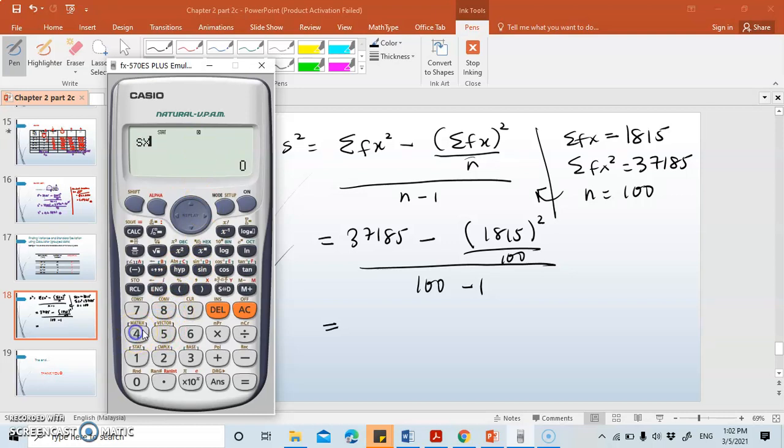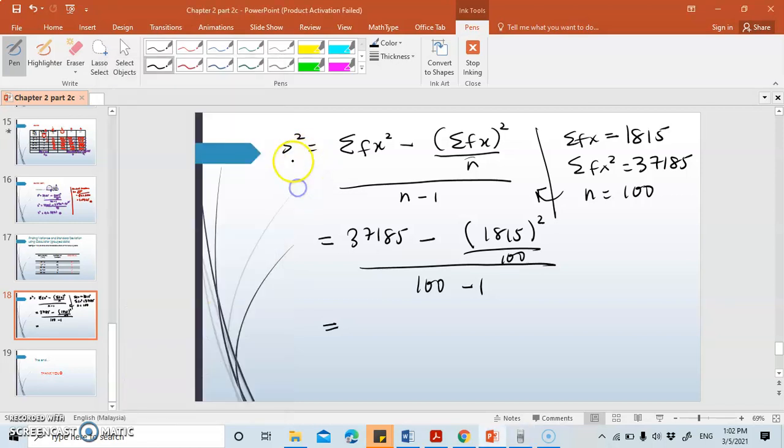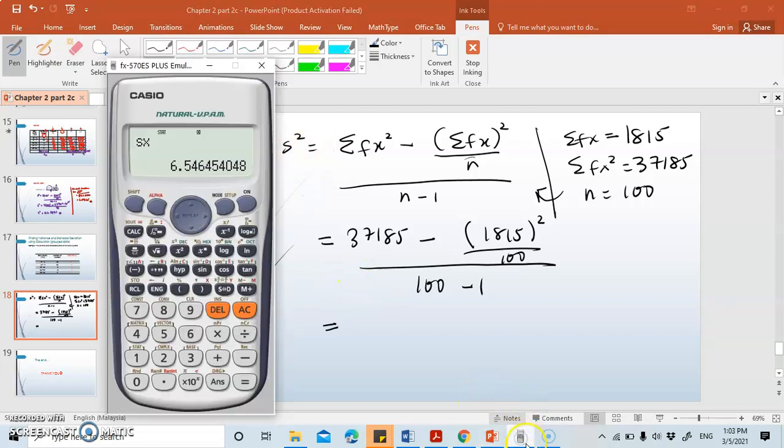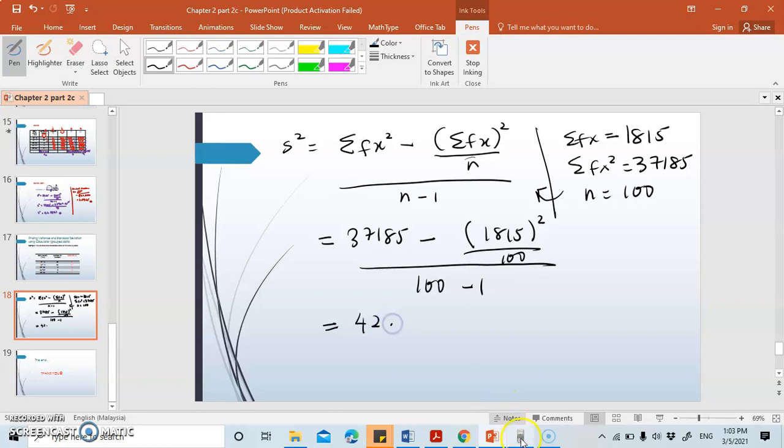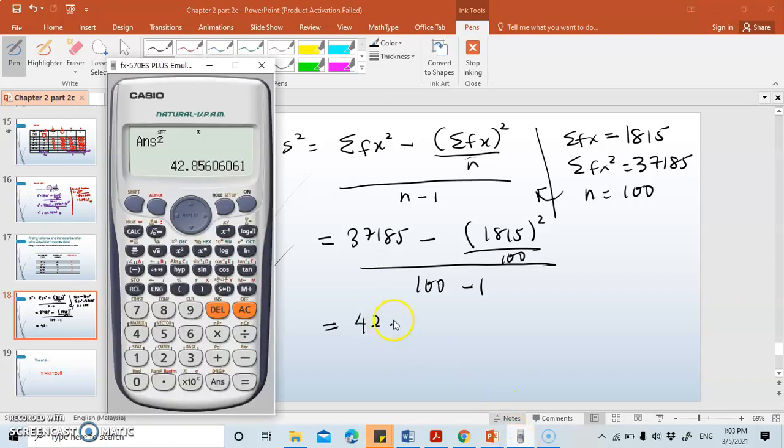Number 4, equal. So this is the value of standard deviation, but now our calculation is s squared. This is variance. To retrieve the variance from your calculator, you just need to square the standard deviation. Press square, equal. So this is your variance, 42.8561.